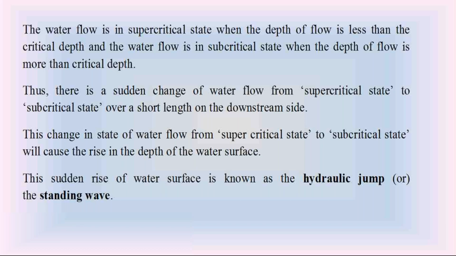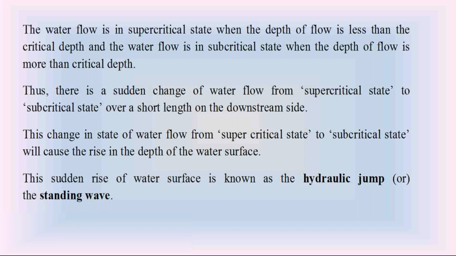At the vena contracta, nearer to the sluice gate on the downstream side, the depth becomes minimum. At the vena contracta, the depth of flow is less than the critical depth, so the water flow at the bottom of the sluice gate is in supercritical condition.